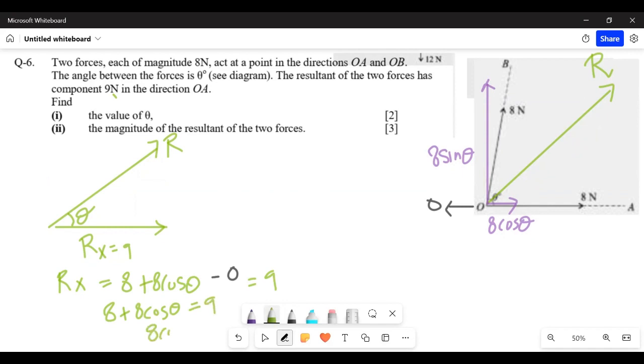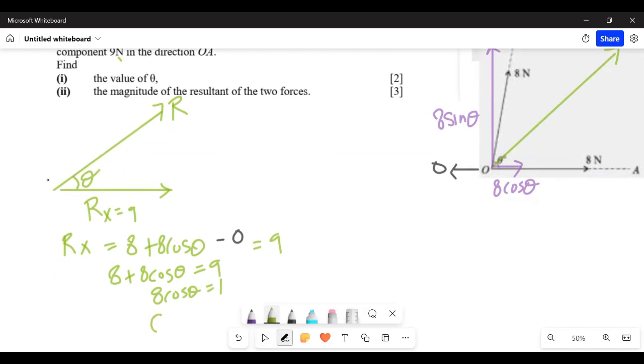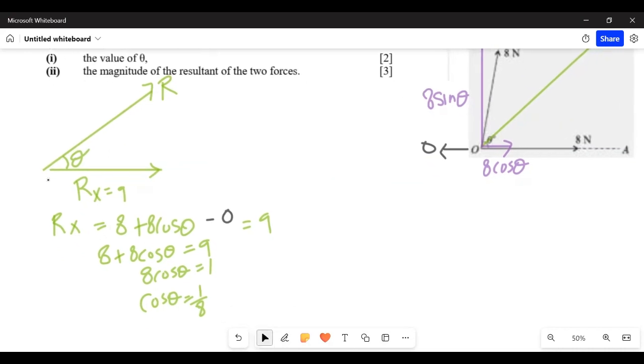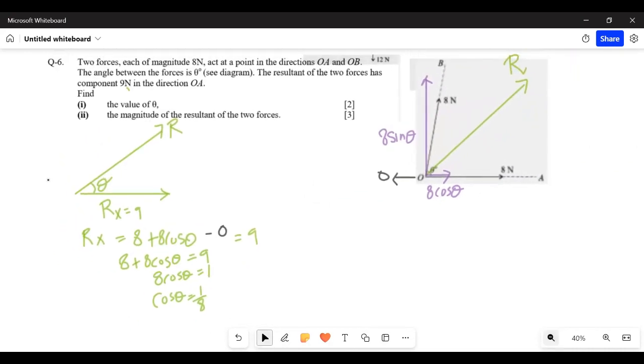So 8 cos theta equals 1. So cos theta equals 1 by 8. So cos inverse 1 by 8 should give you theta, 82.81. Let me check the answer. Yes, that is correct. So theta comes out to be 82.8192.